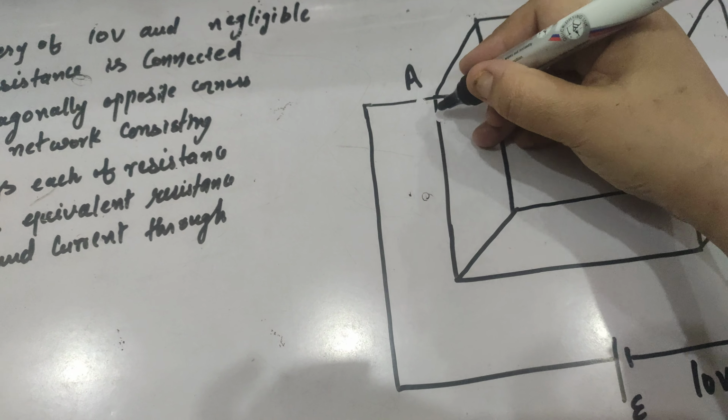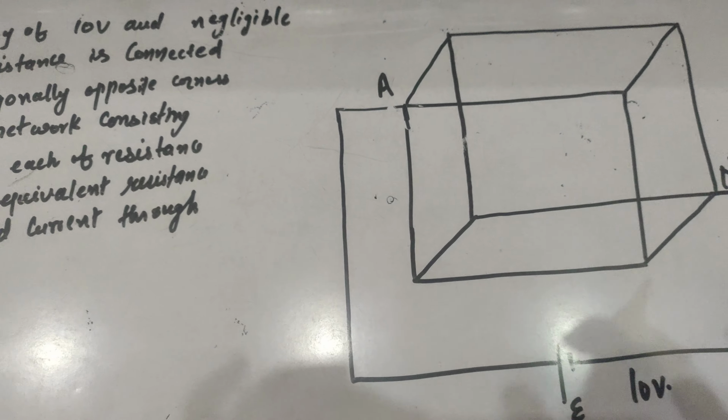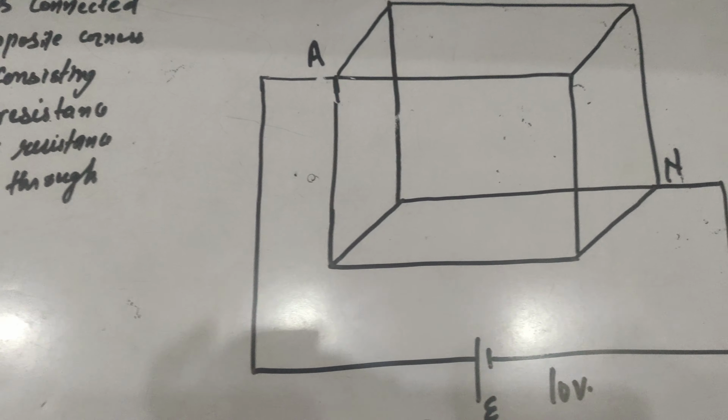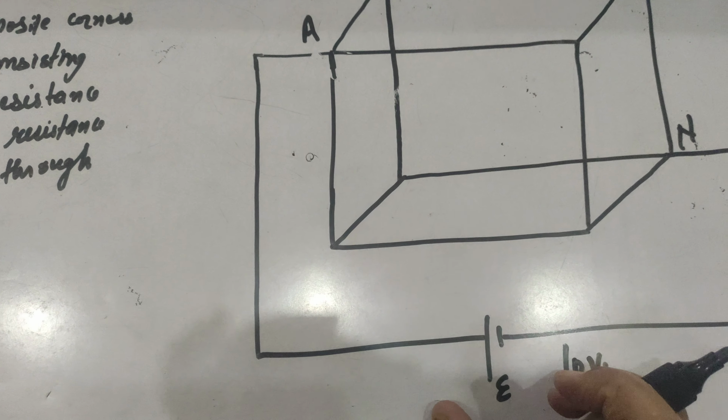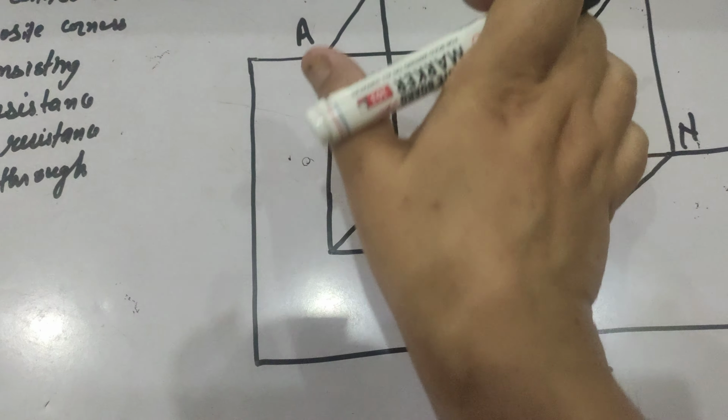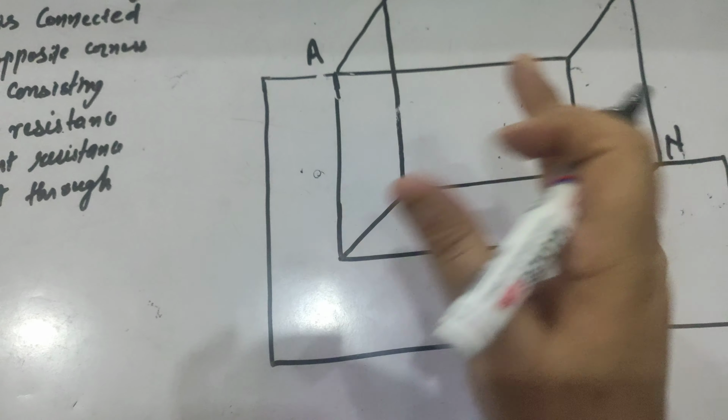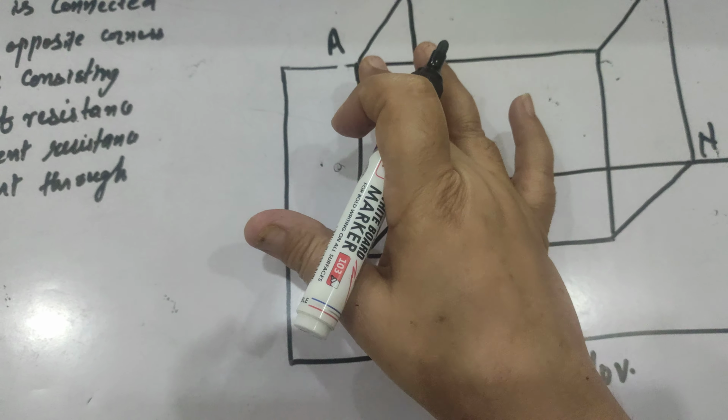Now to solve such a complicated circuit, the condition here is that the battery is connected across the diagonally opposite corners.